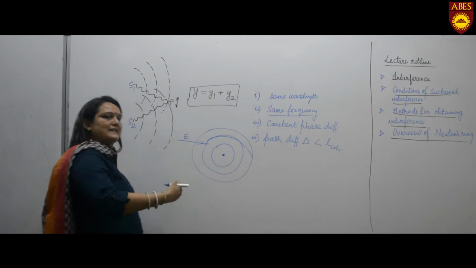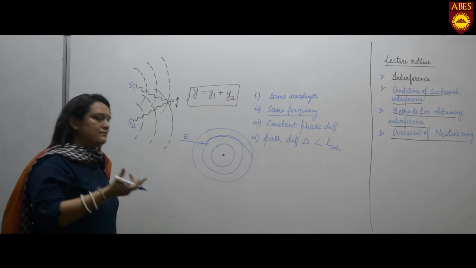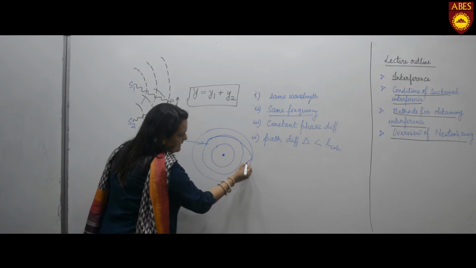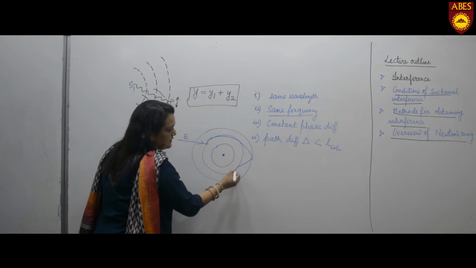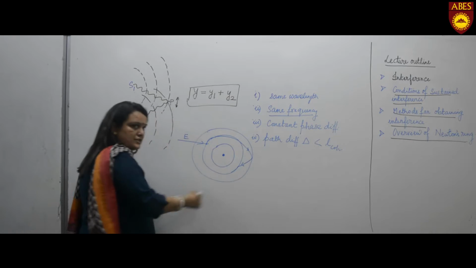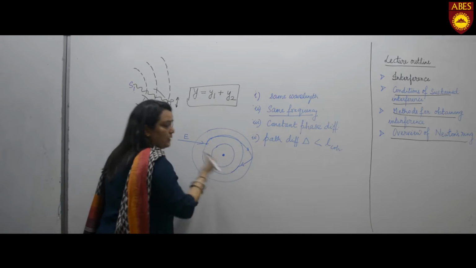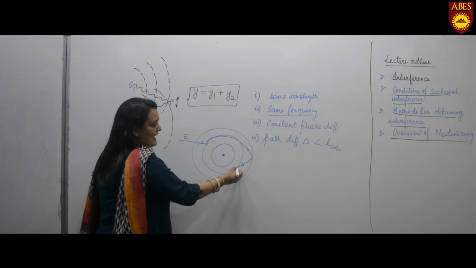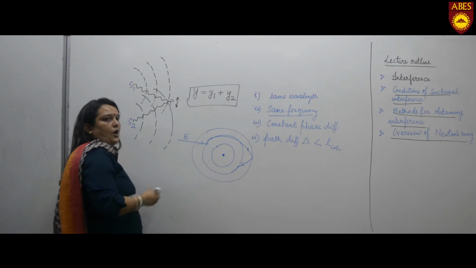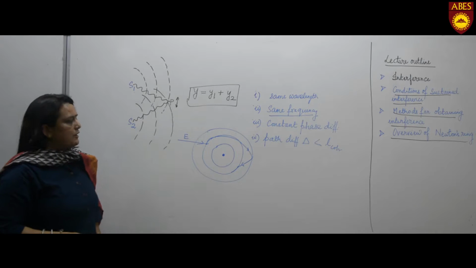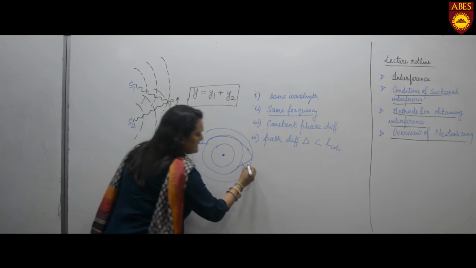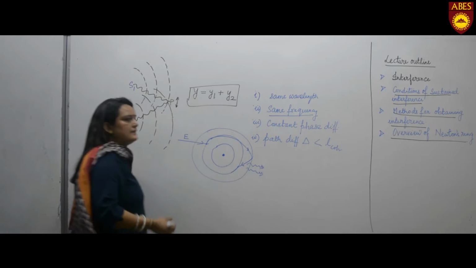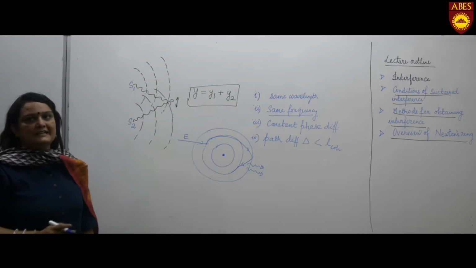After 10 to the power minus 8 seconds, there is a random phase change, due to which the electron returns to its original orbit, which we call the ground level. This is the excited level, this one is the ground level, and it will orbit around that particular orbit. In this process, it gives out energy in the form of light.